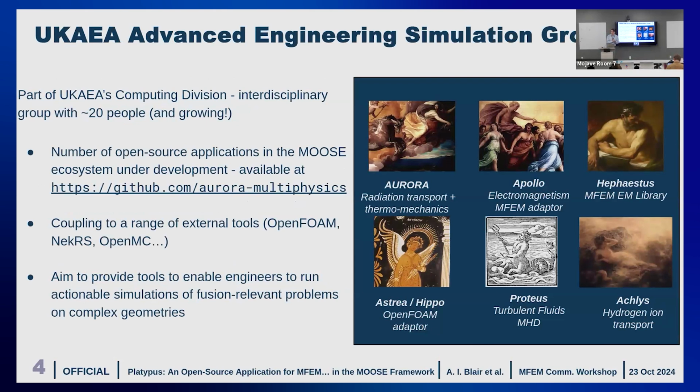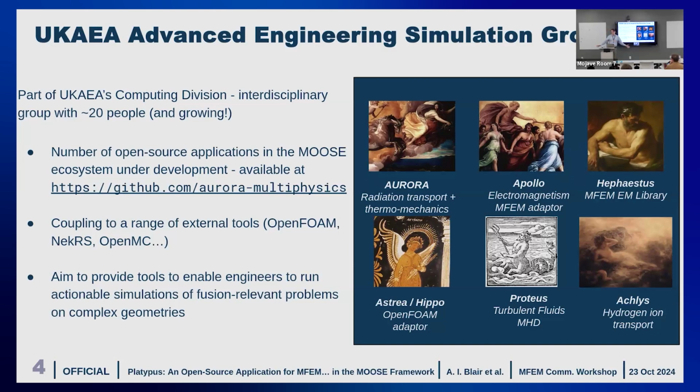Our reason to live, as it were, is to provide the engineers with the tools they can use to run actionable simulations on realistic complex geometries and fusion-relevant physics problems, to help answer the key engineering questions and work out whether or not components are appropriate for their use cases.